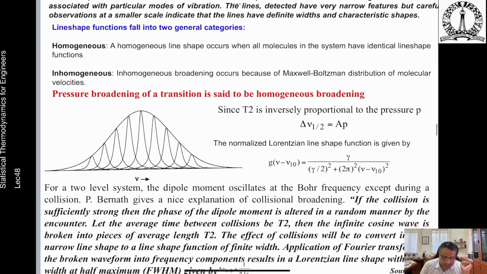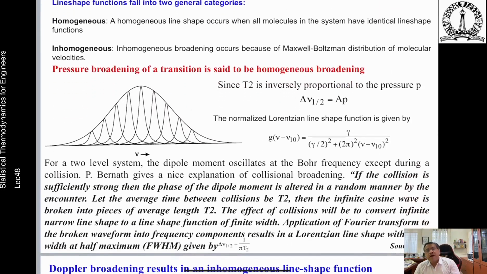Now, pressure broadening, which we already did, is said to be homogeneous broadening. Pressure broadening is given by the normalized Lorentzian line shape, which you see over here. For example, quoting Bernard, for a two-level system, the dipole moment oscillates at the Bohr frequency except during a collision.